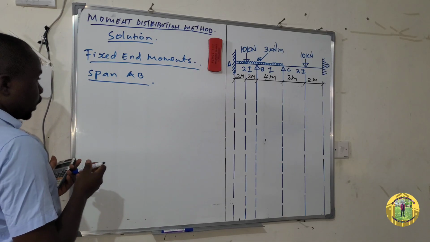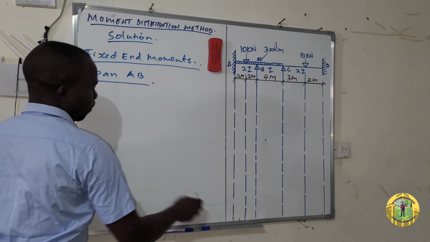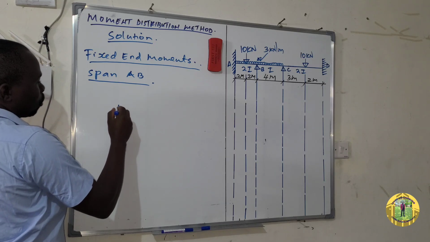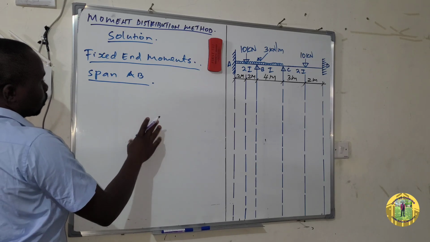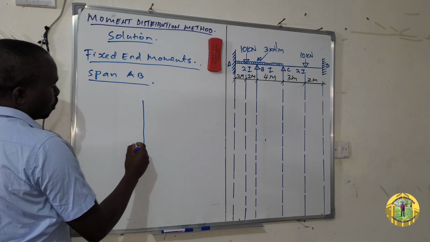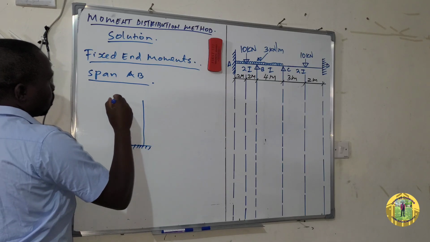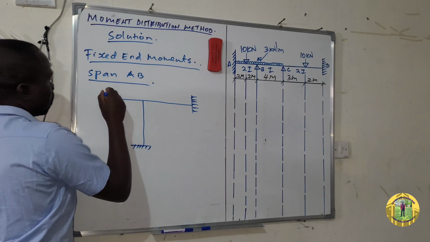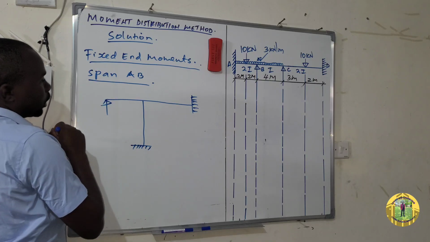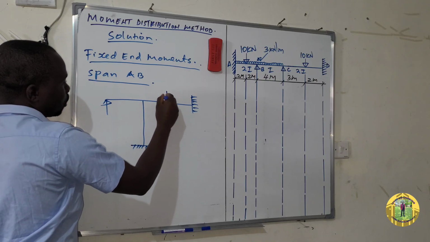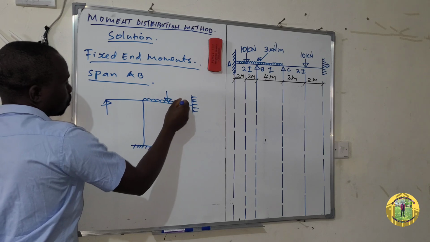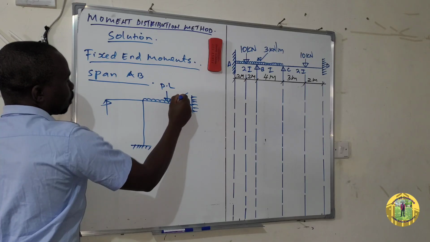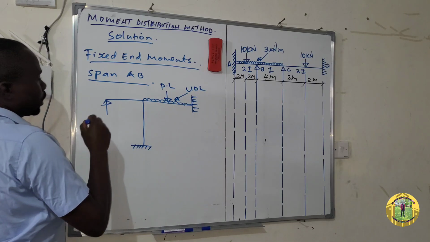I want to say something about the portal frame. For example, in case you are given a portal frame like this one with a combination of both point load and UDL, like that.